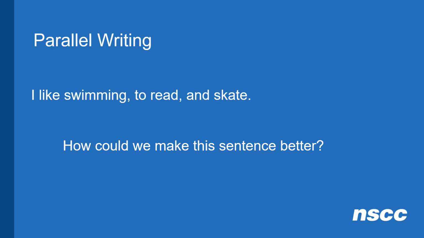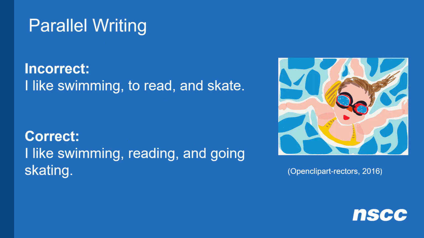It is hard to read. I like swimming, to read, and skate. How can we make this sentence better? To make it better, we could say, I like swimming, reading, and going skating. Now we can see that all three verbs end with ing and flow together nicely.